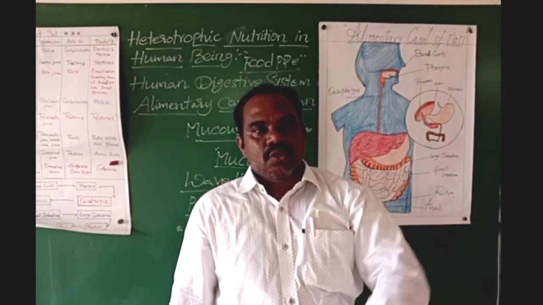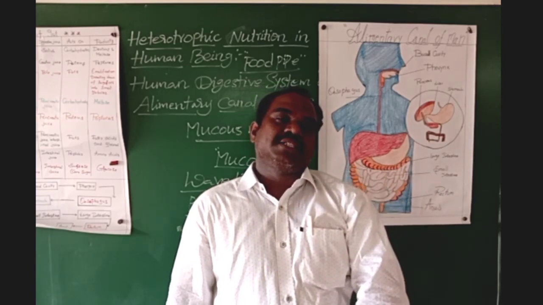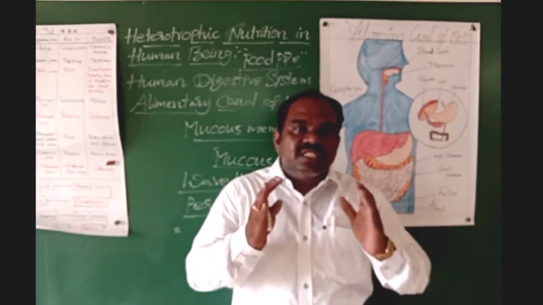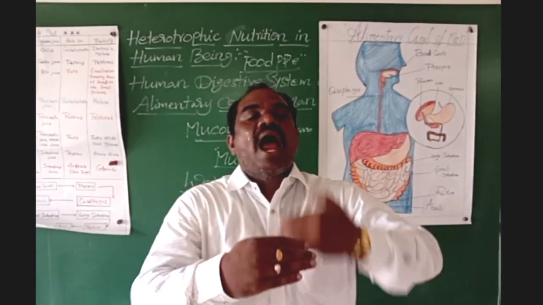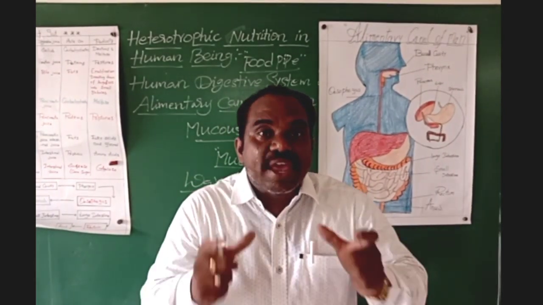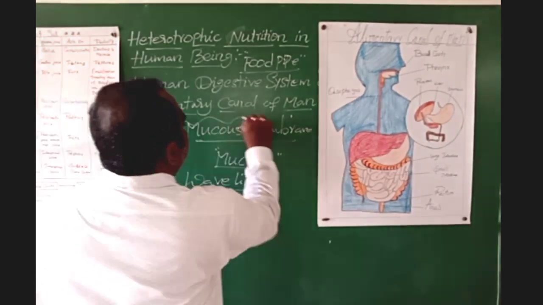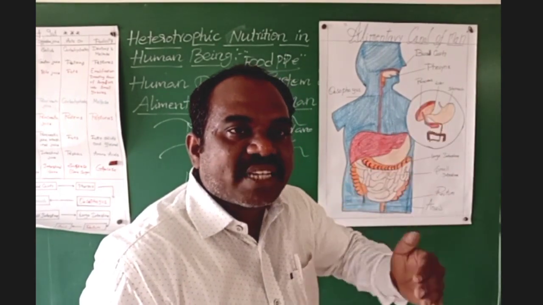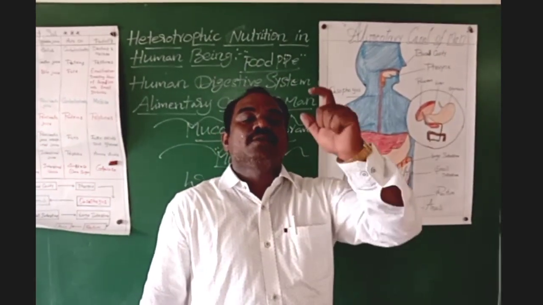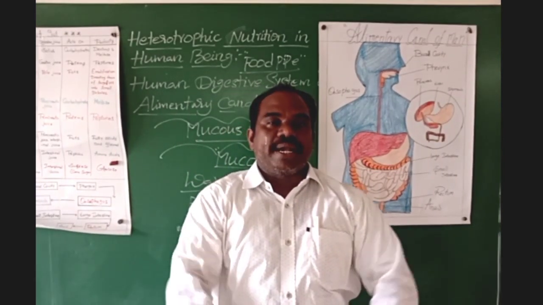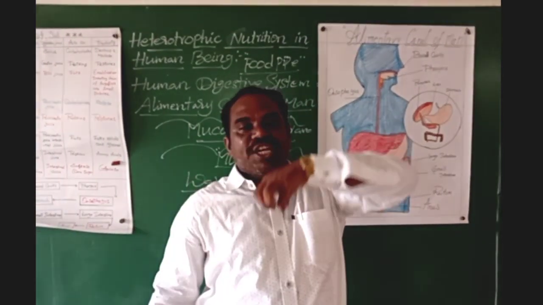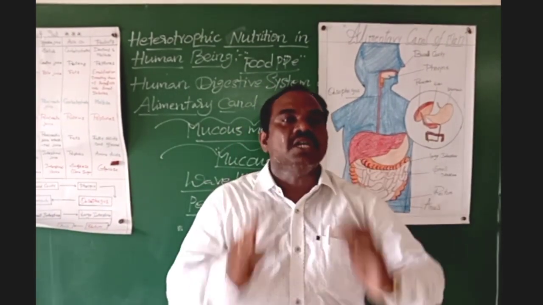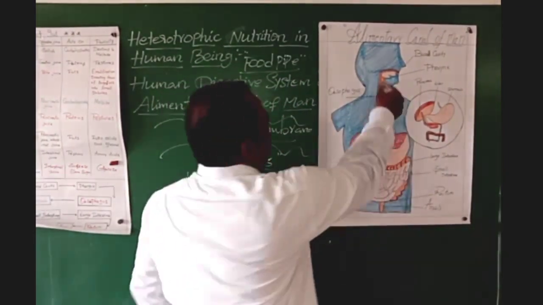The muscles contract and relax, producing wave-like movements known as peristalsis movement. This movement helps push the food materials into the next part. This is the esophagus or food pipe.